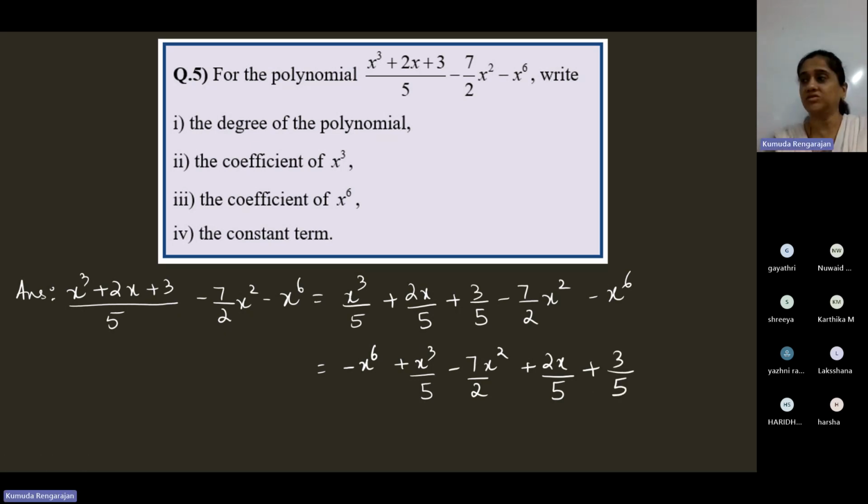So this is the polynomial, right? x cubed by 5 plus 2x by 5 plus 3 by 5 minus 7 by 2 x squared minus x to the power 6. Now I have written the terms in the descending order of the powers of x.